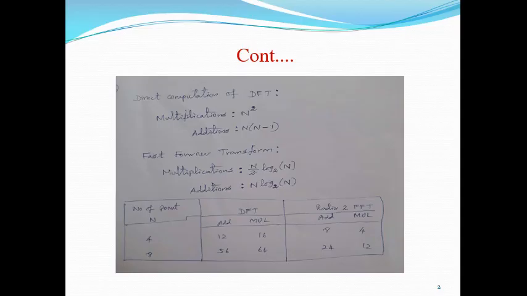In direct computation of DFT, there are n squared multiplications and n into n minus 1 additions involved. The fast Fourier transform algorithm involves n by 2 log base 2 n multiplications and n into log base 2 n additions.